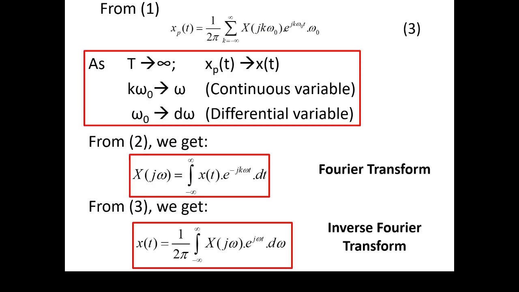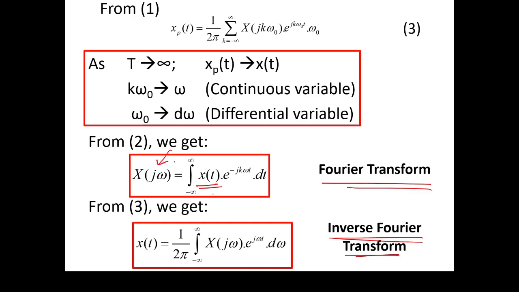With this assumption, as we start the derivation, we get to the Fourier transform. And for any specific transform, you would have an inverse transform, and in this case it is the inverse Fourier transform. When we apply the Fourier transform on the signal x(t), we get to the frequency domain.